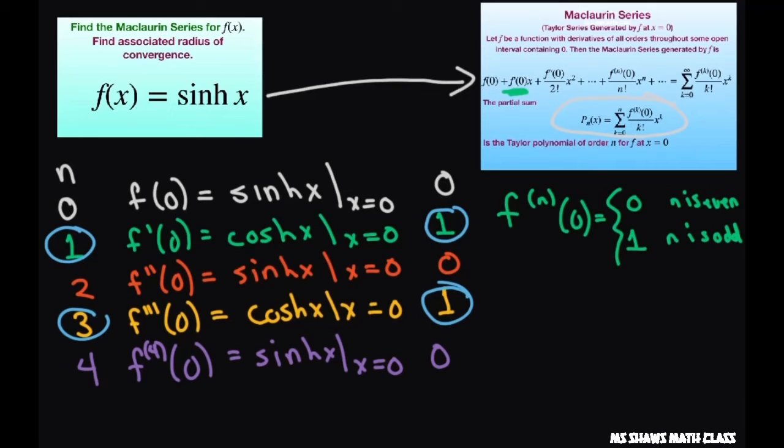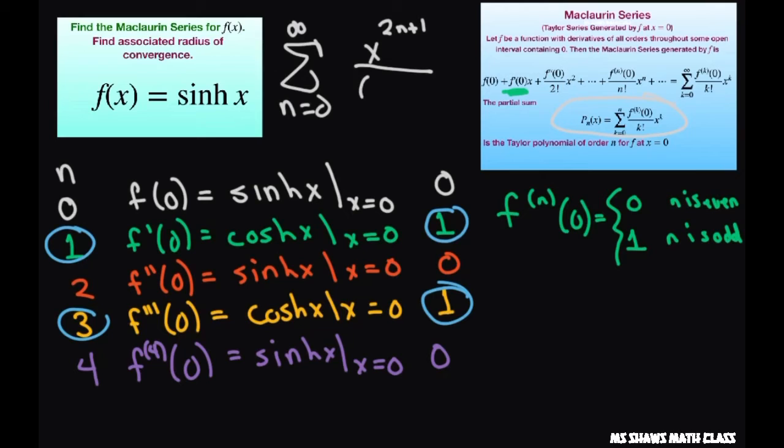I think we can squeeze that in here. So let's write it here. So we're going to have this as a sum from n equals 0 to infinity. Now your x is going to be to the power of 2n plus 1 divided by 2n plus 1 factorial.